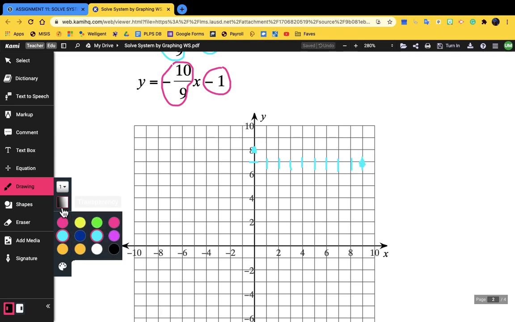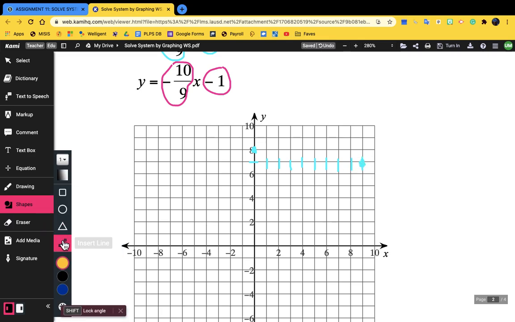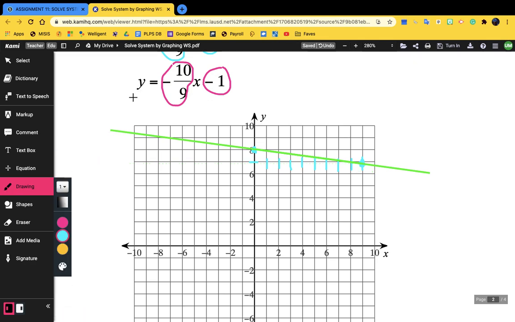That's where they cross. Go down to my shapes. I'm going to pick green. I'm going to go from my first blue point through my second blue point, and from my second blue point all the way through my first blue point. Just like that. Look, all the way through. Go back to my drawing, draw my arrows, and there's my line.